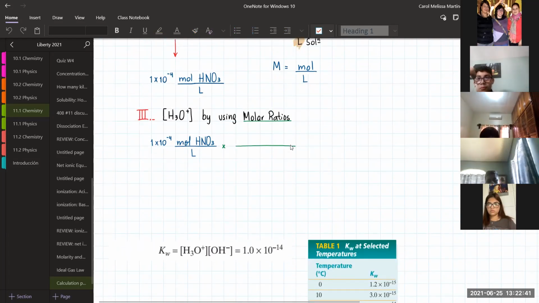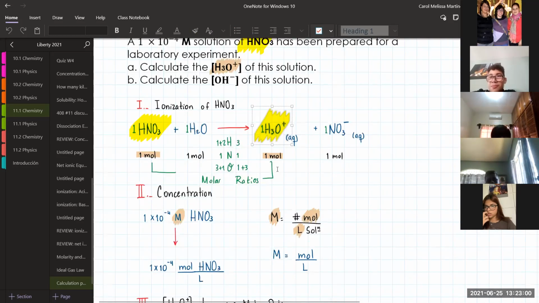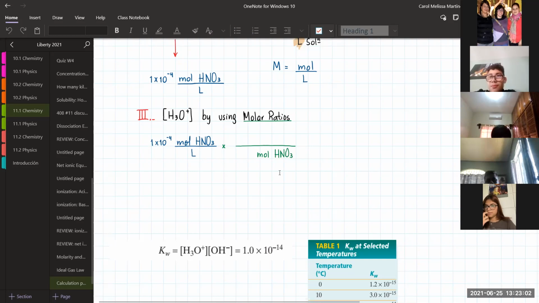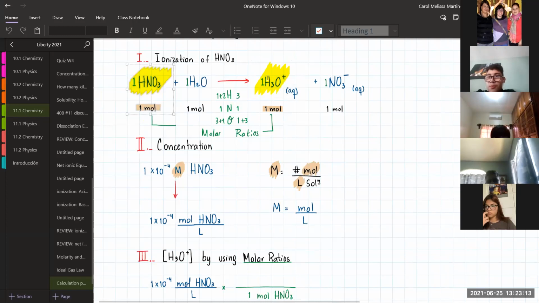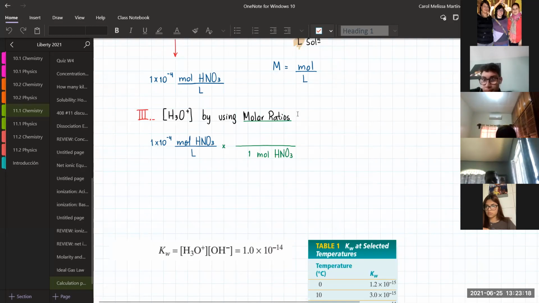Because my moles of nitric acid are in the upper part of the relationship, I'm going to write moles of nitric acid in the lower part. And since the relationship is 1 against 1, I'm just going to write 1 over here. Now, 1 mole of nitric acid produces 1 mole of hydronium ion, so that will be in the upper part.